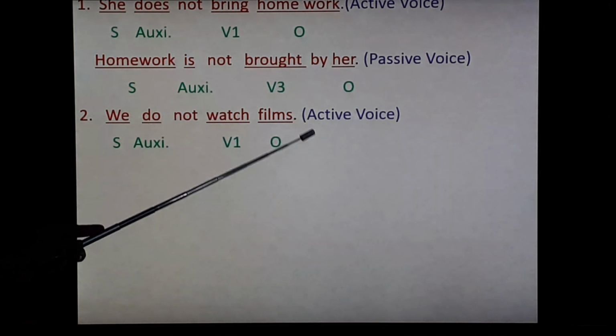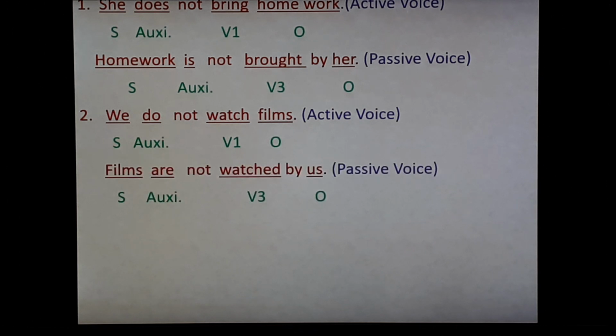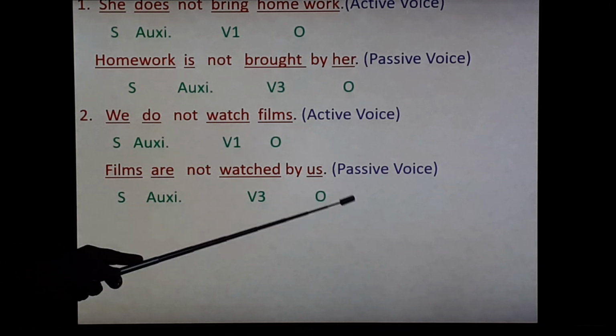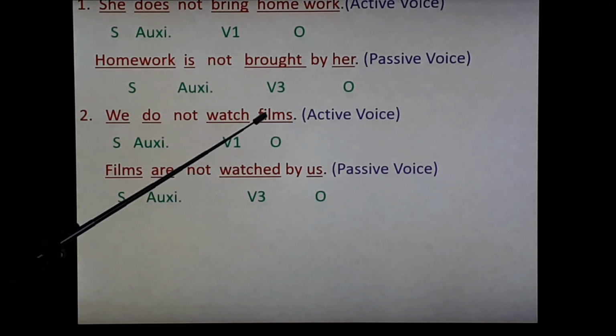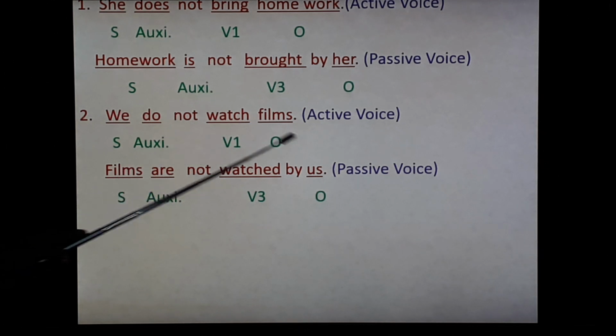Now, how to turn this active to passive? The object becomes the subject in passive. What is the object in active? Films. So that will be the subject in passive. According to films, you have to put is, am or are. Why? Because do is given, simple present tense. So according to the subject films, are will be there.